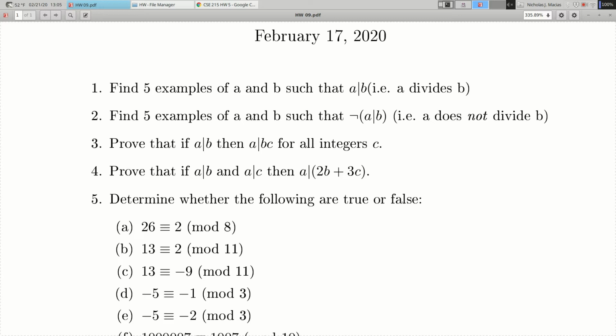Since we have a definition here, we'll say B equals A times Q. Wait, no, it's not. 2B equals A times C, right? There says C, right? Yeah.